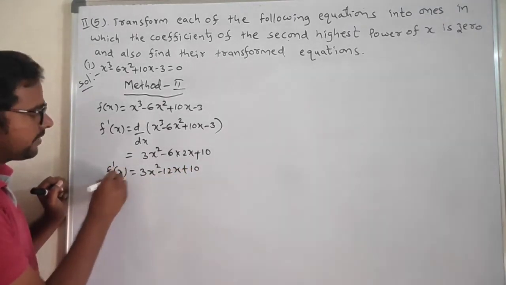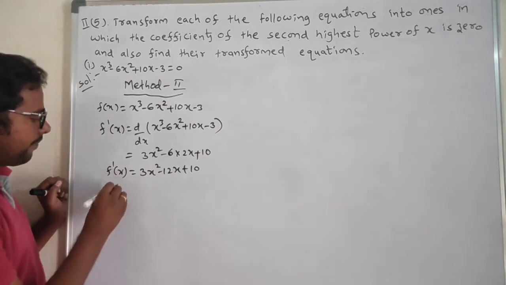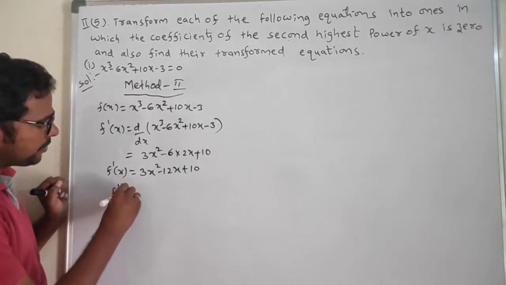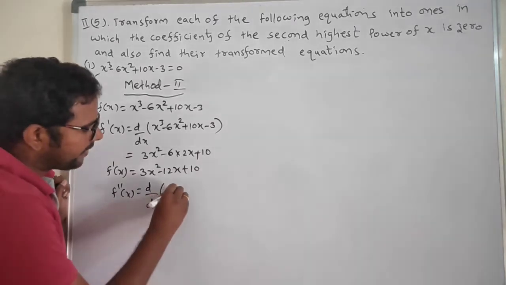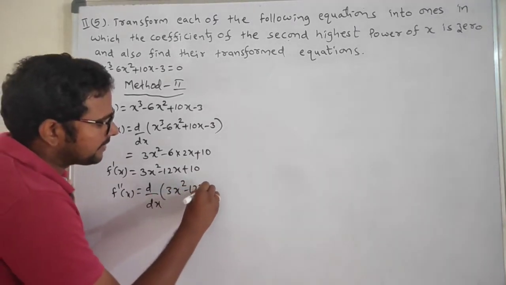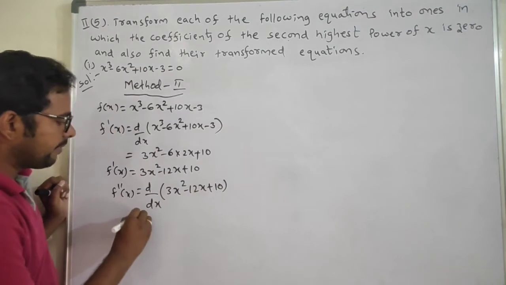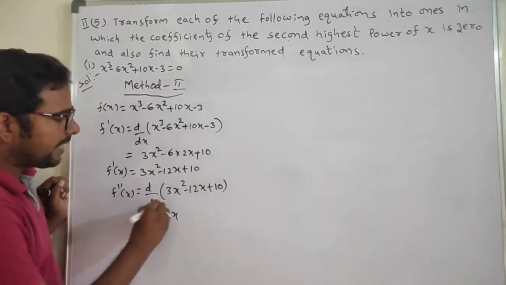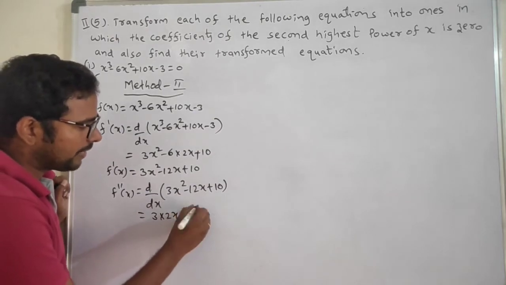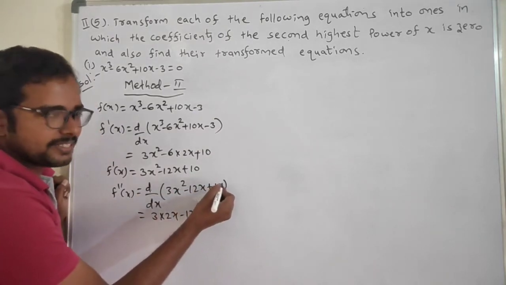Do differentiation again, the second time. f double dash of x is equals to d by dx of 3x square minus 12x plus 10. So d by dx of x square is 2x, so 3 into 2x is 6x. d by dx of x is 1, minus 12 into 1 is 12. d by dx of constant is 0.